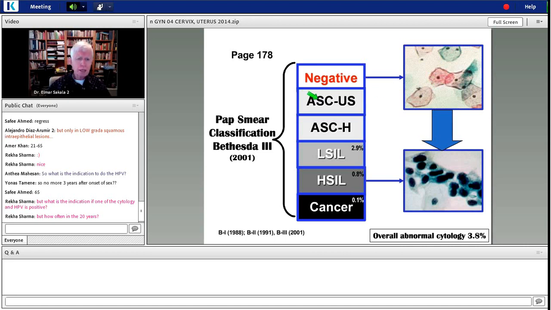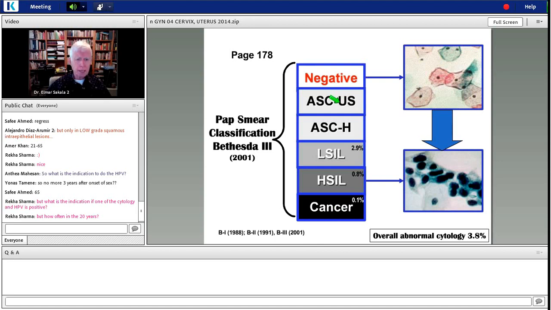Then we have atypical squamous cells, and there can be two kinds of atypical squamous cells. There can be atypical squamous cells of uncertain significance. There can be atypical squamous cells, cannot rule out high-grade lesion. Then there is low-grade squamous intraepithelial lesion, high-grade squamous intraepithelial lesion, and cancer.